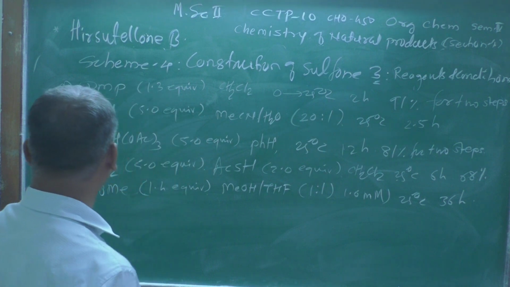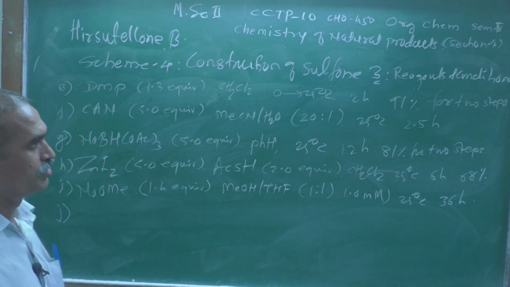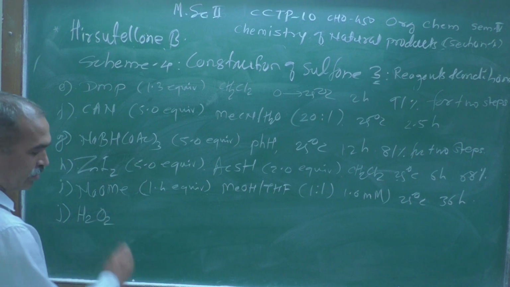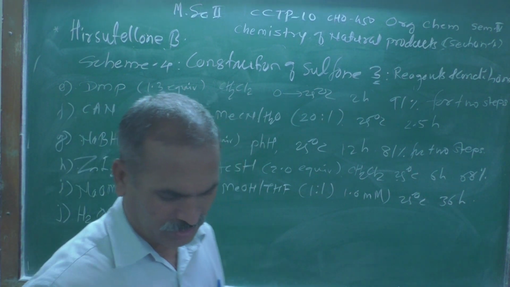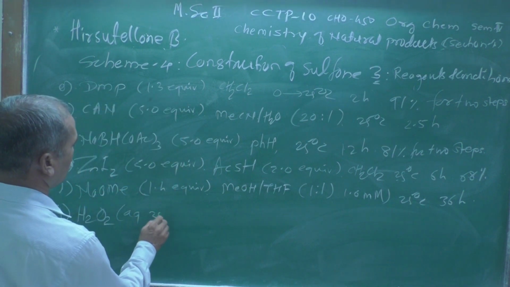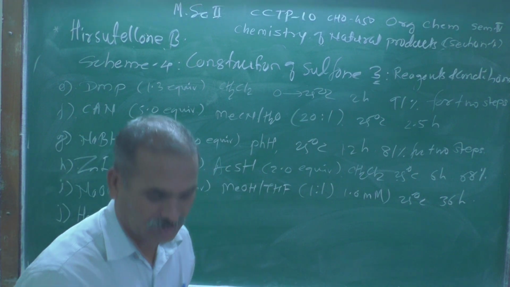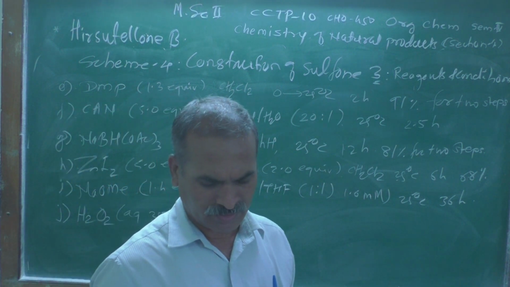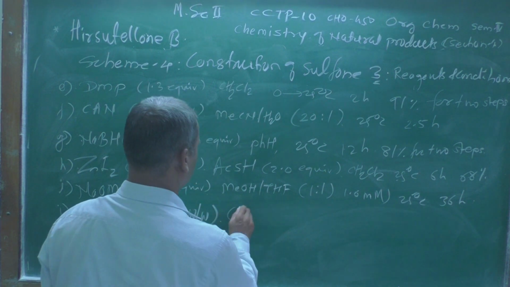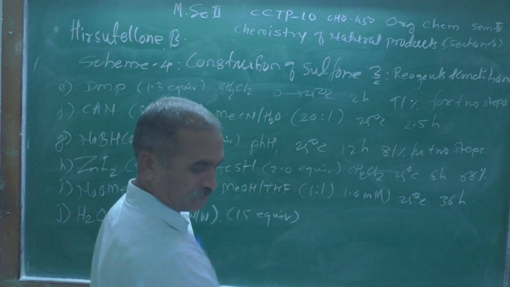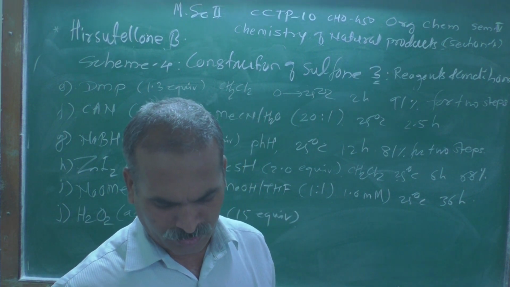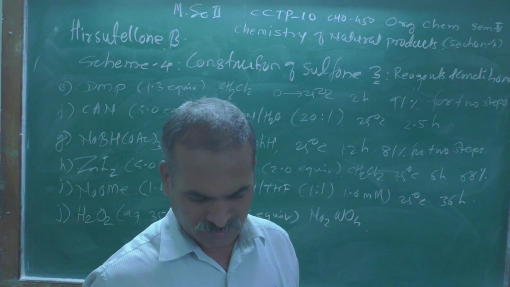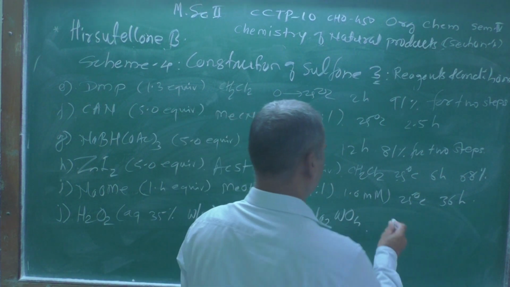And the last one, that is the J reagent they have used, that is H2O2, hydrogen peroxide, aqueous 35% weight by weight, W/W, that is 15 equivalent, and Na2WO4, 1.0 equivalent.